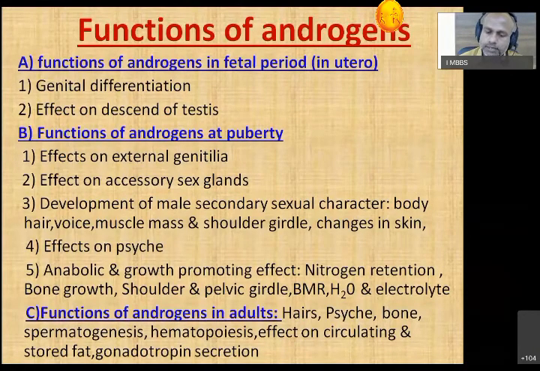But in males, the maximum fat deposition is on the face and in the belly. Gonadotropin secretion, that is FSH and LH, is also maintained normal by negative feedback mechanism by sufficient levels of testosterone.